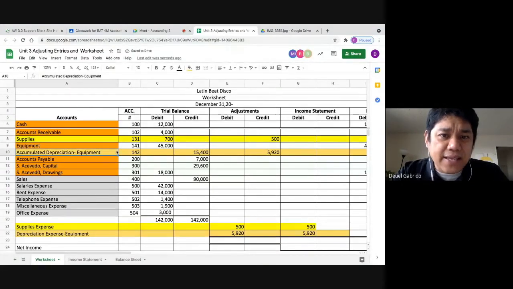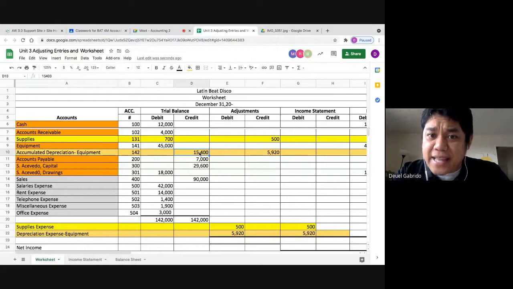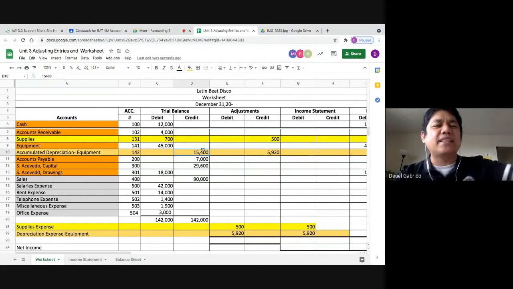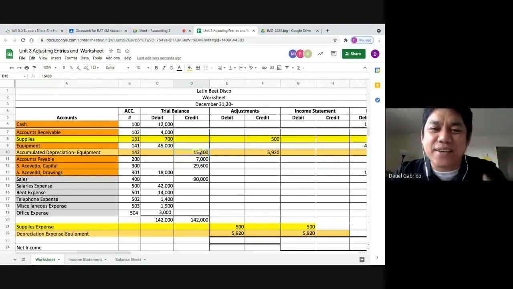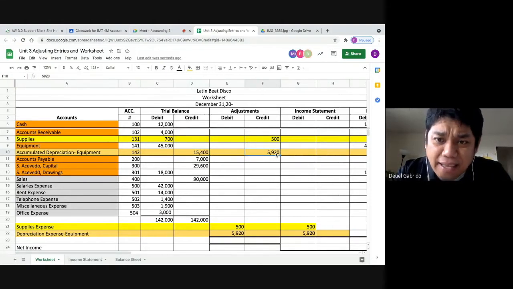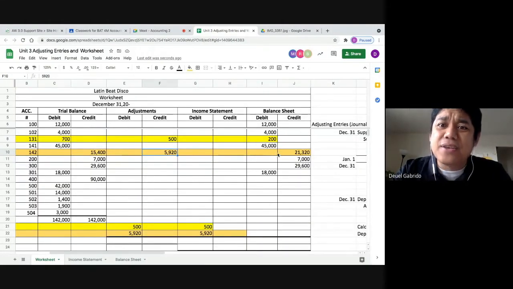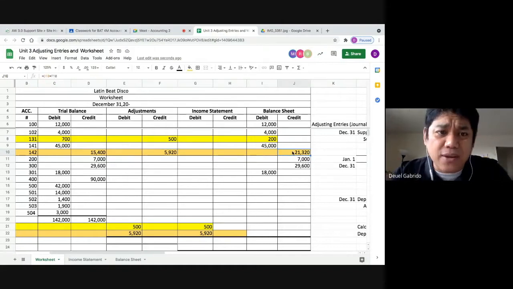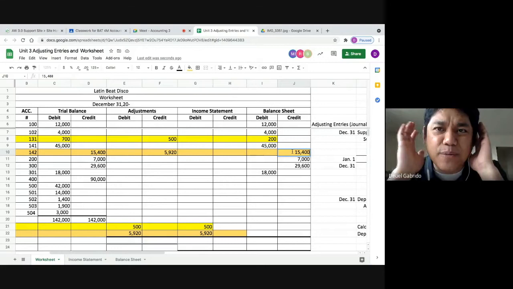Look at this. The total decrease last year, probably it's been decreasing more and more, how many years ago? So the total decrease is 15.4, and if we do not recognize another decrease of 5,920, guys, your equipment. If I put 15,400 here, can you mute yourself for a second, please?